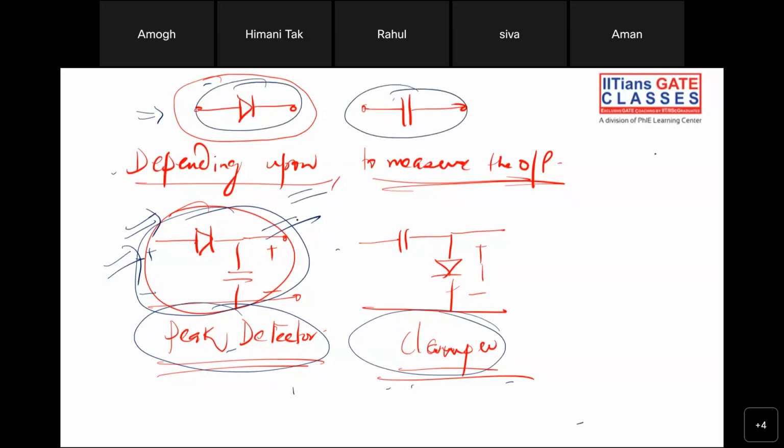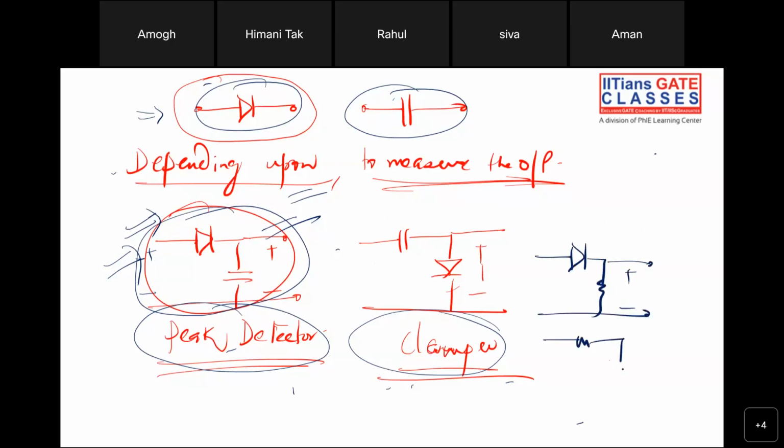See, if you have only a diode and resistance, across any element you measure the output, you will always get a single name, and that name will be the clipper. In the case of a clipper circuit, suppose this is a diode and this is a resistance. Now you are measuring output across this resistor, so the name of the circuit will be clipper.